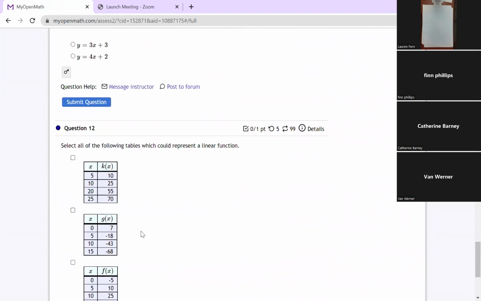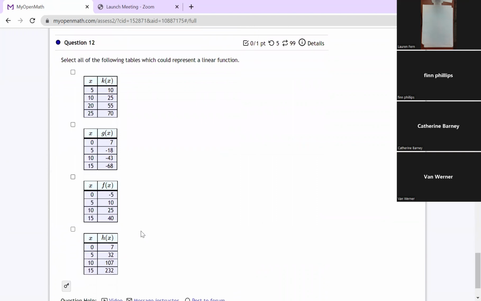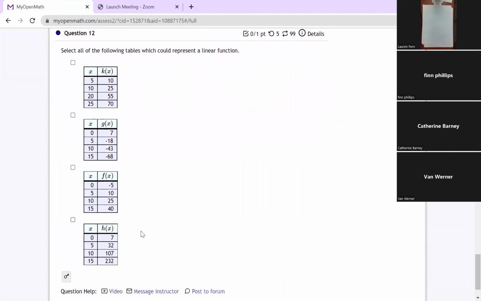And one more. Number 12. In this one, we want to select all of the following tables which could represent a linear function. And what I want to mention here is the distinguishing thing with a linear function is that it has a constant rate of change.